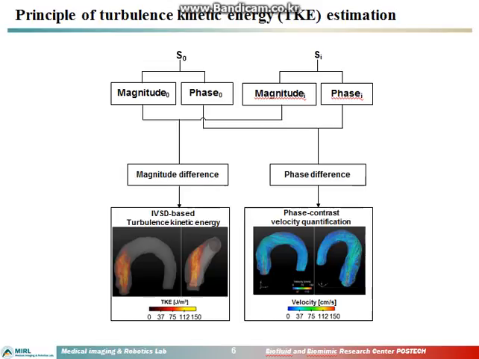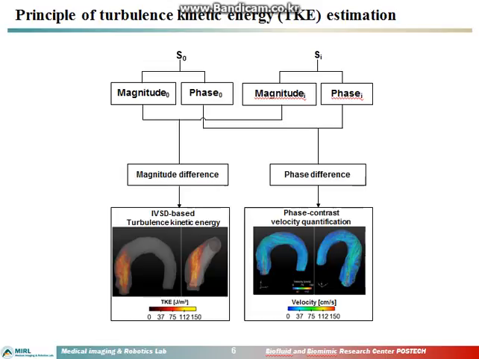Quantifying turbulence velocity fluctuation is important because it increases the pressure drop along the vessel by elevating the fluid energy dissipation, which consequently results in more energy needed for maintaining the perfusion of the blood flow.